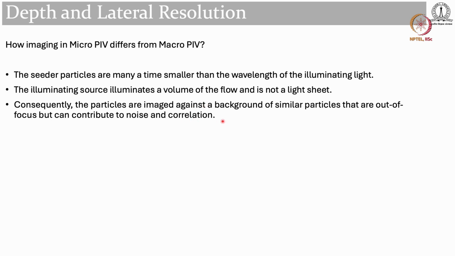As we discussed about the depth of correlation, beyond it the intensity of particles will be sufficiently low not to contribute to the correlation, and consequently it won't hamper your output much. But your system should be designed such that your images are taken with a background of similar particles that don't generate a lot of noise and don't contribute to the correlation that gives you the ultimate velocity vectors.